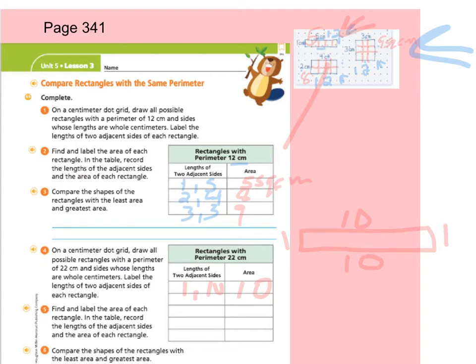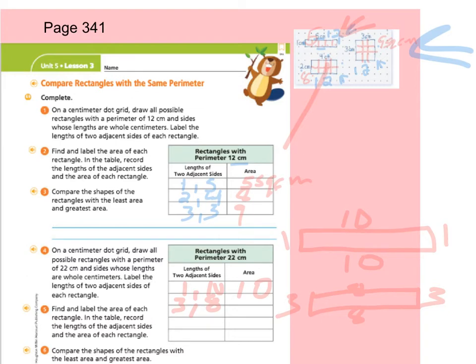Now I could go down and figure out another one. Let's say 8 and 8, so that'd be 16, 17, 18, 19, 20, 21, 22. So I'd have 6 more that I would need to add to get 22. So I could do a 3 and a 3. If I did a 3 and an 8, oh, that's not right.